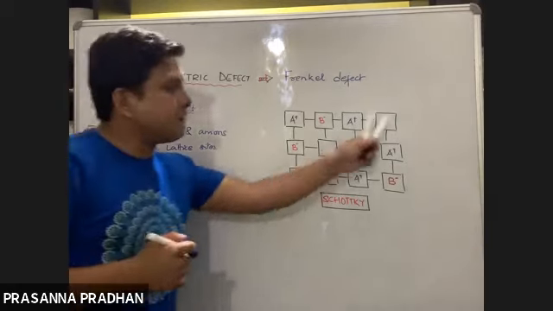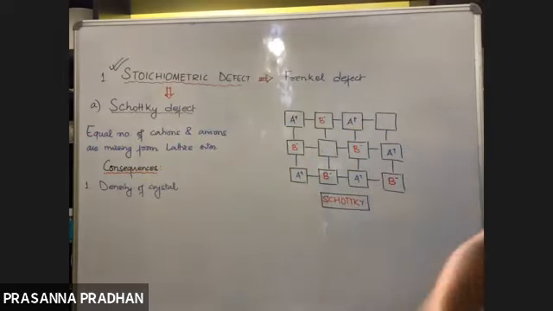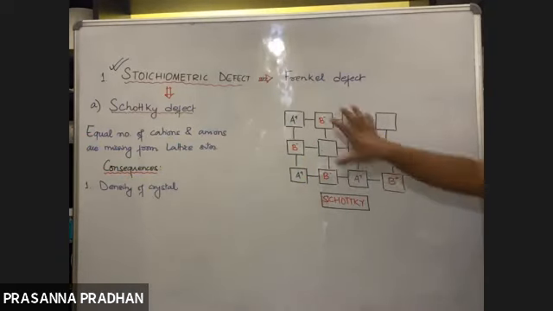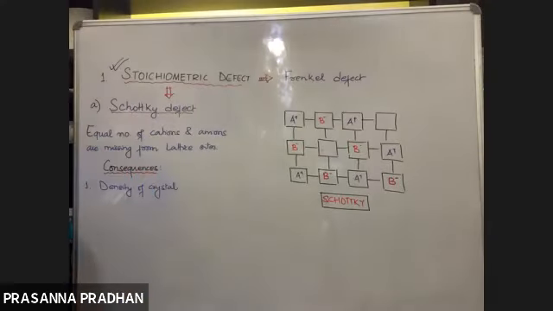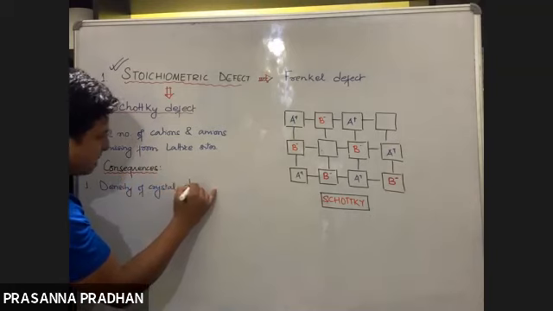The ions are missing, leaving the lattice sites. The ions are no longer to be seen. So what do you think will happen to the density of the crystal? Will it remain the same, increase, or decrease? Decrease. Very good.